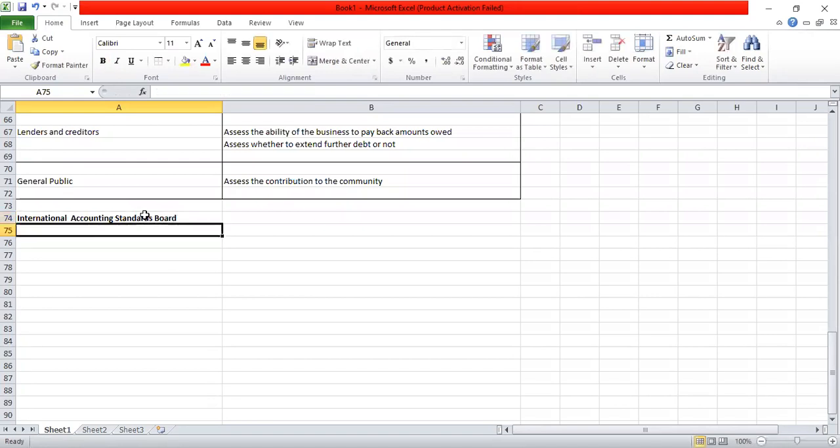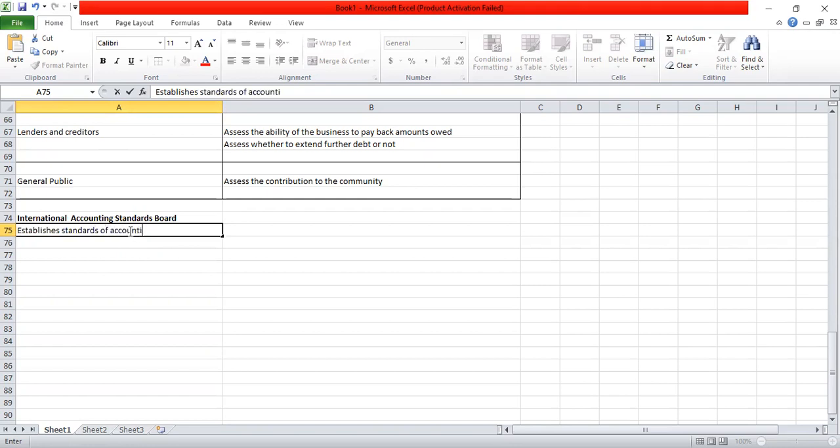So this is a body with representatives throughout the world, including South Africa. Here we've got bodies like SAICA. So you find that they subscribe to this International Accounting Standards Board. So this one establishes standards of accounting.